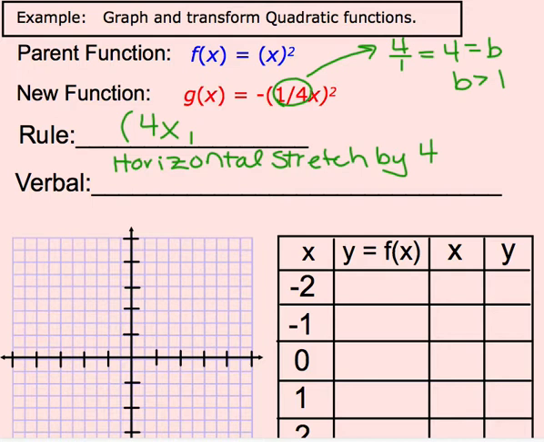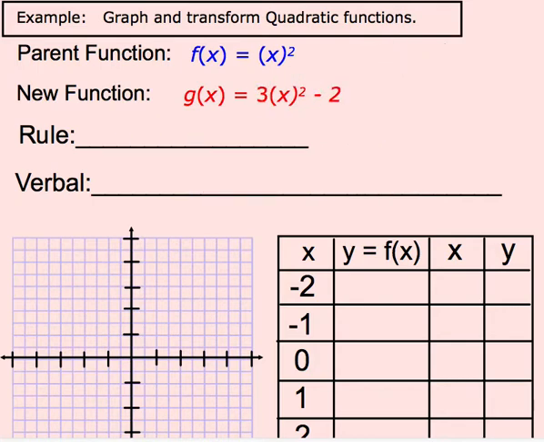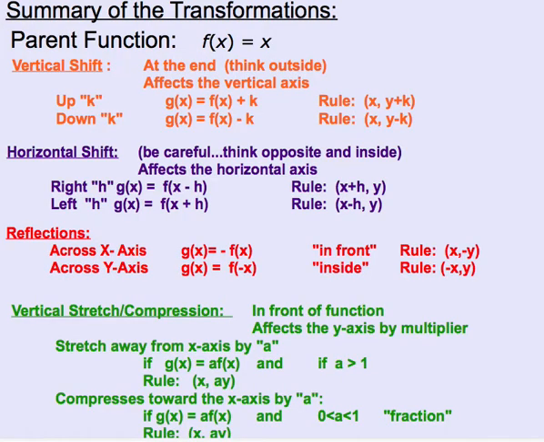All right, the other thing is the negative. The negative is in front of the function. It's not inside the parentheses of the squared. So if you remember that, that is a reflection about the x-axis. I'll head back here again so you can see.